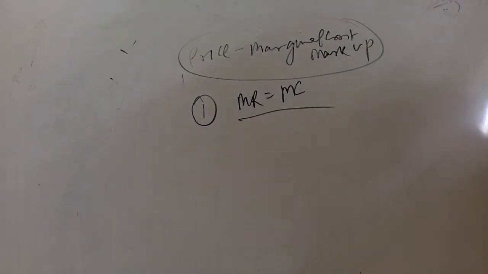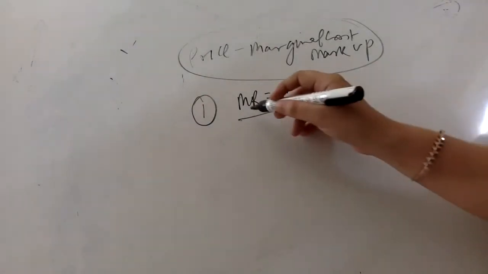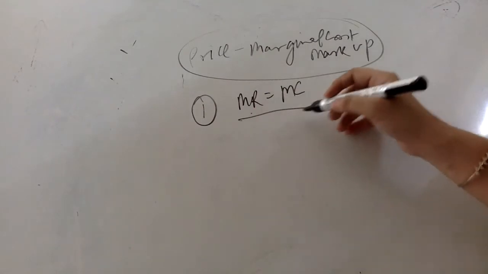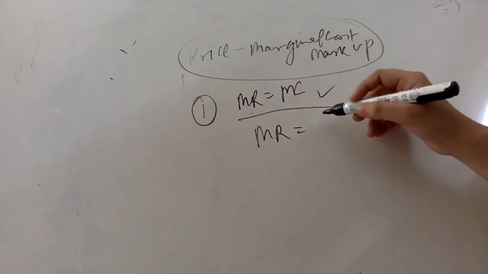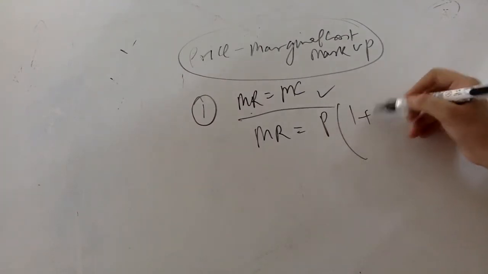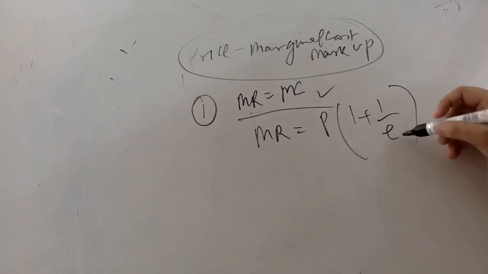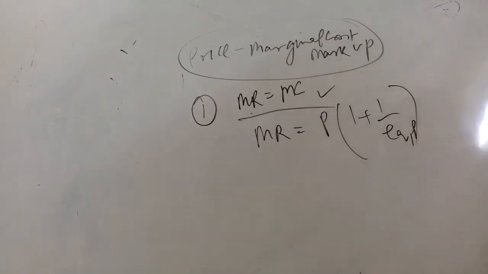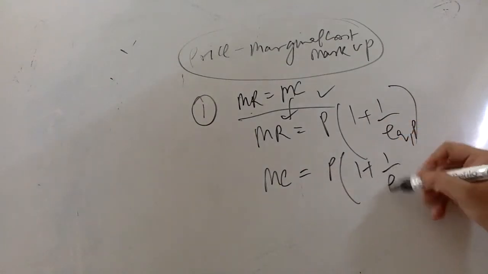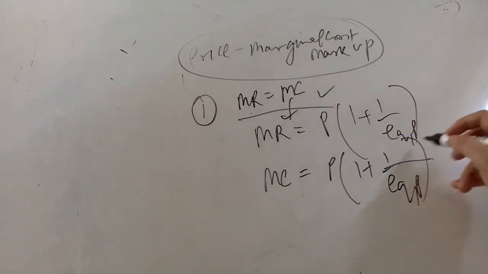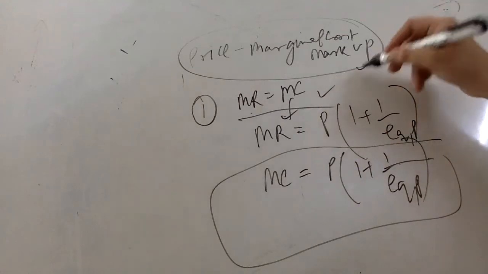Secondly, when we compute the MR value, it comes out to be price times 1 plus 1 by elasticity. So in equilibrium I can replace MR by MC and write it like this: MC equals price times 1 plus 1 by elasticity. That's how price and marginal cost are related.